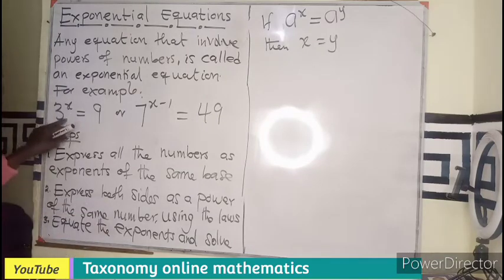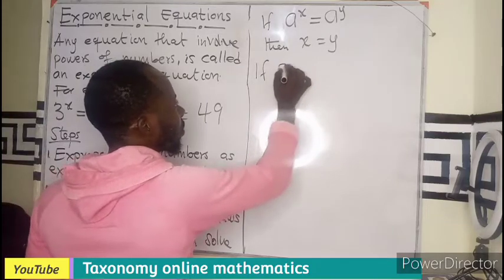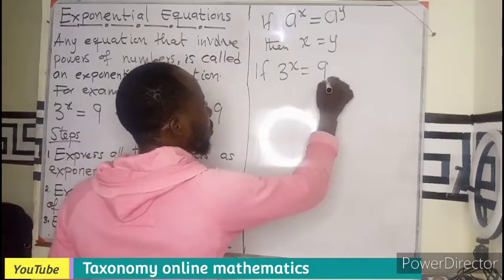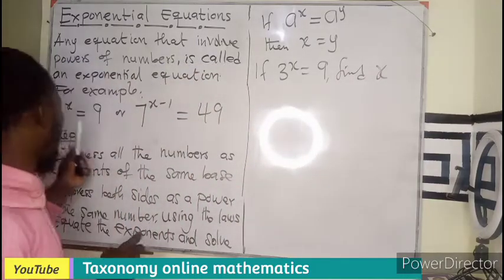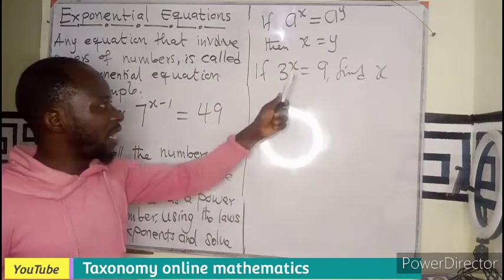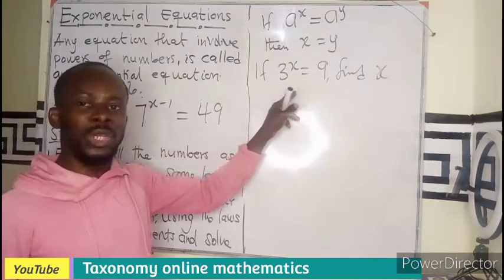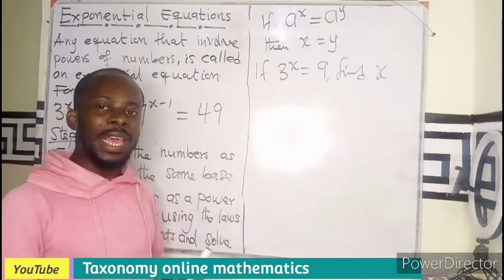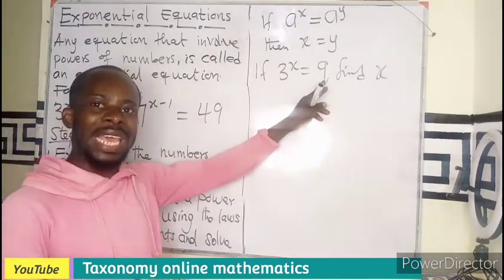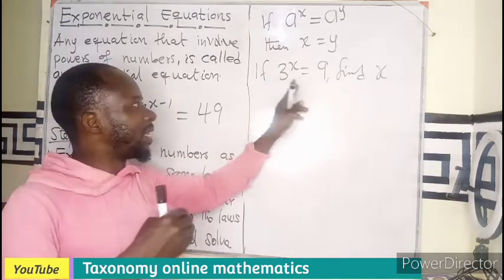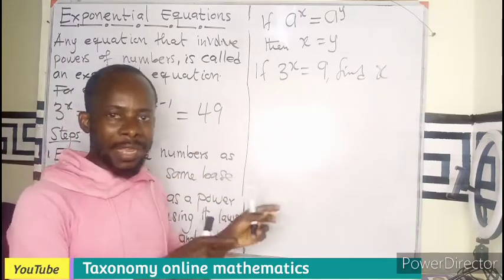So now, for our example, we have to find the value of x. First of all, we have to express each of the numbers to have the same base. So we can express 9 in base 3. 3 times 3 times 3, how many times will produce 9?